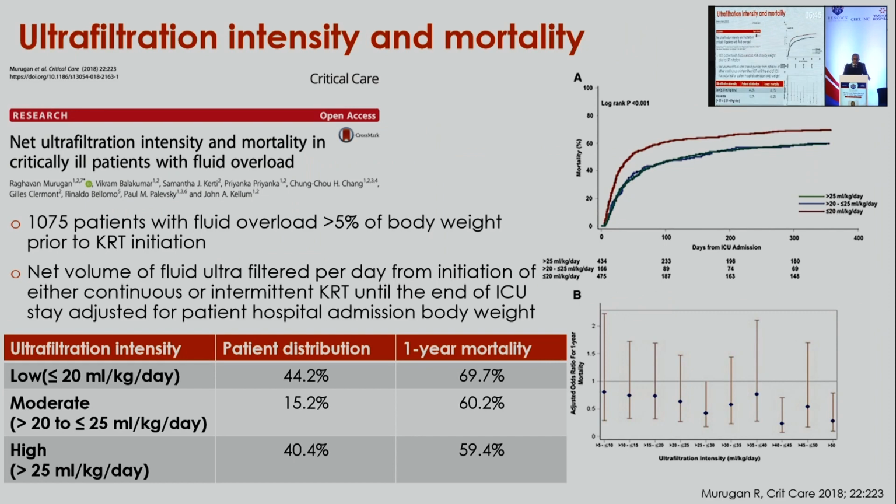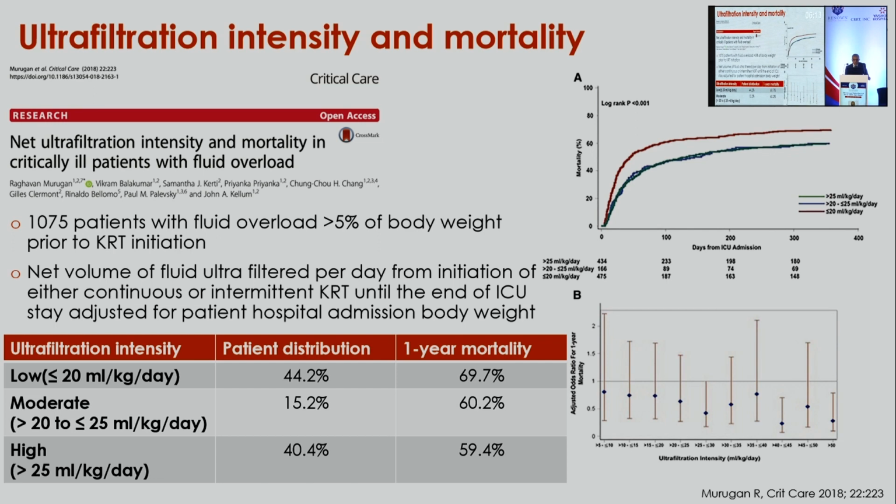Now, as much as we know how to achieve the UF, we now also have increasing understanding of how the ultrafiltration intensity has effects on mortality. This was a review of about 1,075 patients with fluid overload of greater than 5% body weight, and they looked at the net volume of fluid filtered per day from the initiation of either dialysis, intermittent or continuous, to the end of ICU stay, and adjusted it for body weight.